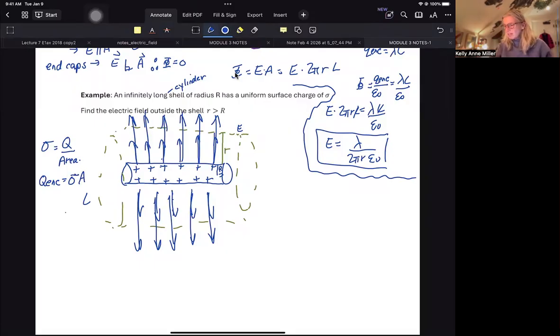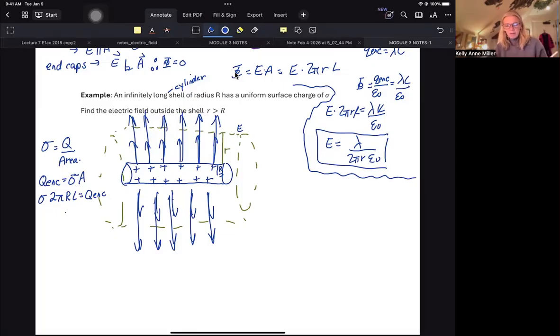So the cylinder has a radius of capital R, so it's going to be sigma times 2 pi capital R times L. So that is going to be the Q enclosed.